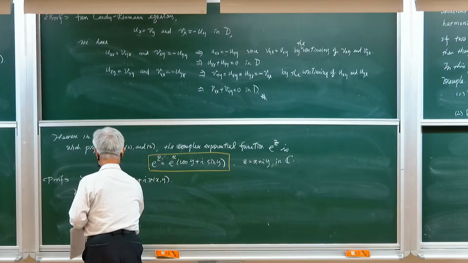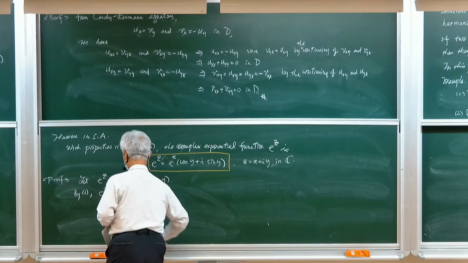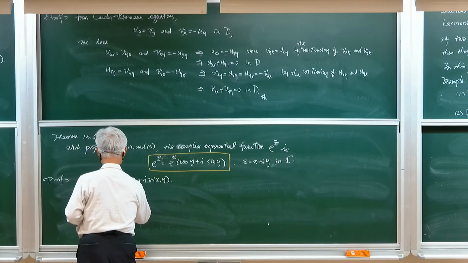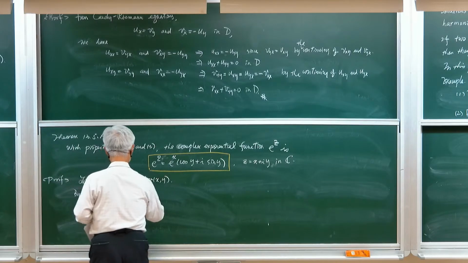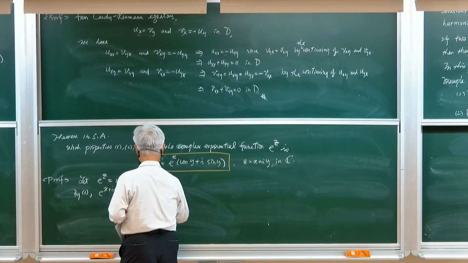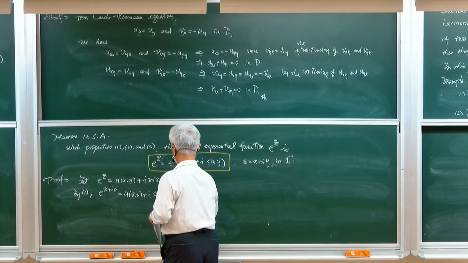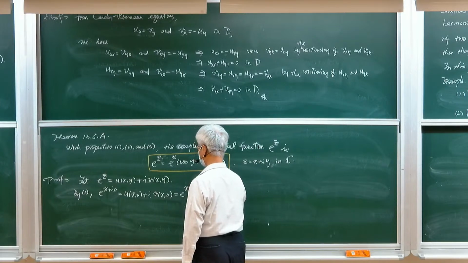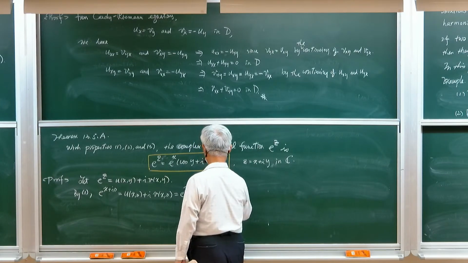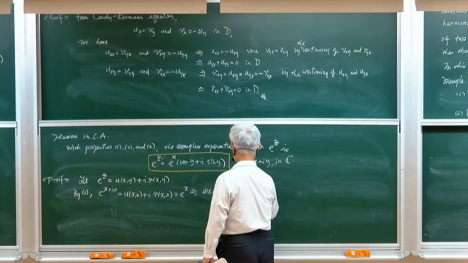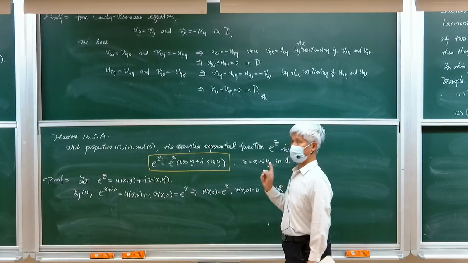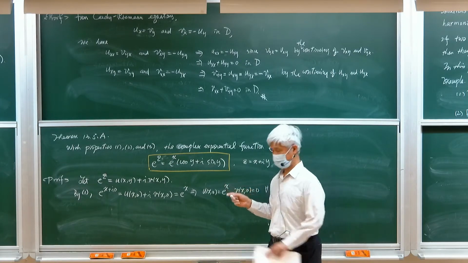e^x is equal to U(x,0) plus i V(x,0), and we know this is e^x. This implies that U(x,0) is equal to e^x and V(x,0) is equal to 0, for all x in R. This is from property number 1.